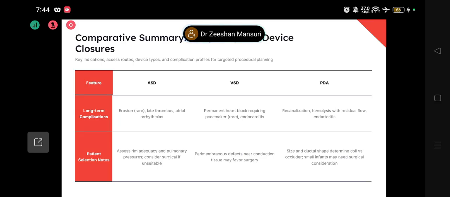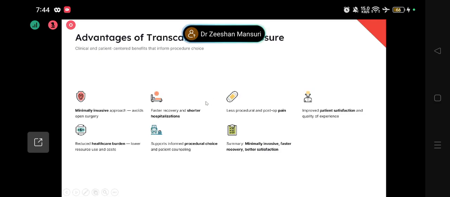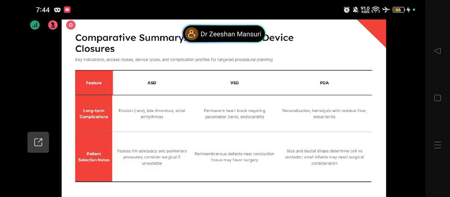For VSD and PDA, residual shunting and recanalization, and for VSD, heart block requiring pacemaker, and late embolization. The late embolization may happen 7 days or beyond, and almost always you can snare it out, and when you cannot, you can send the patient for surgery.